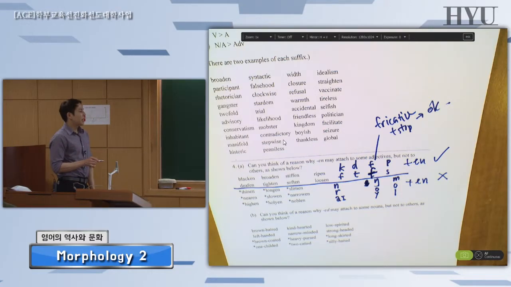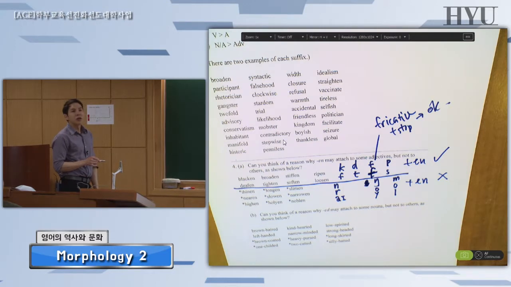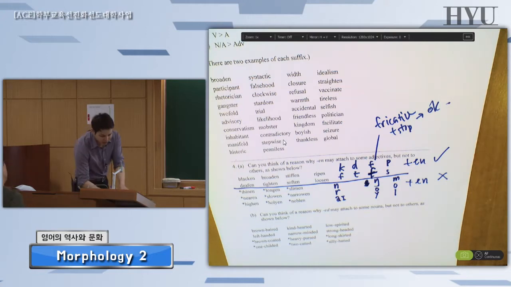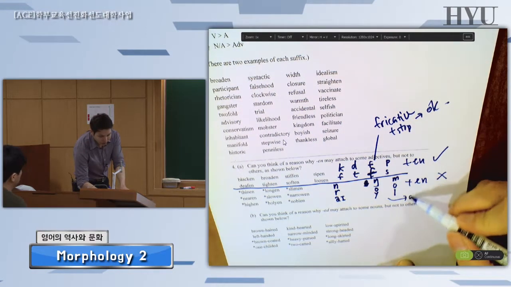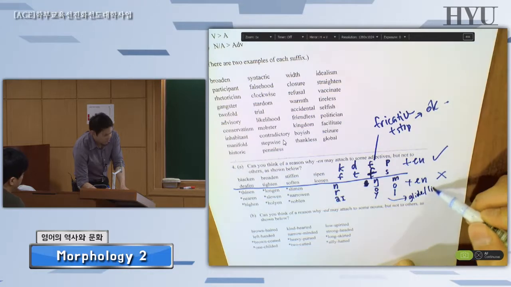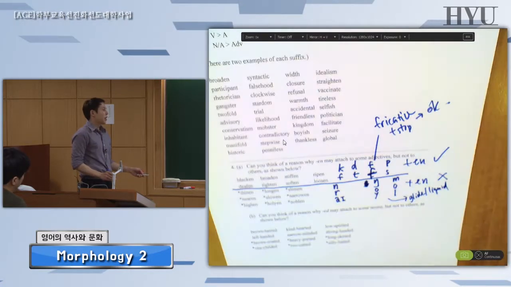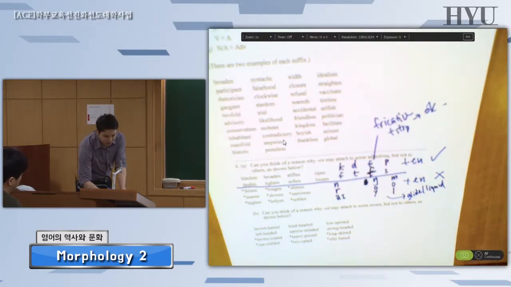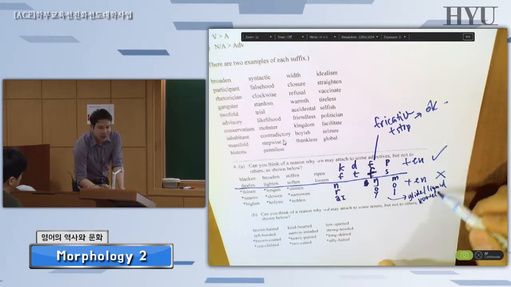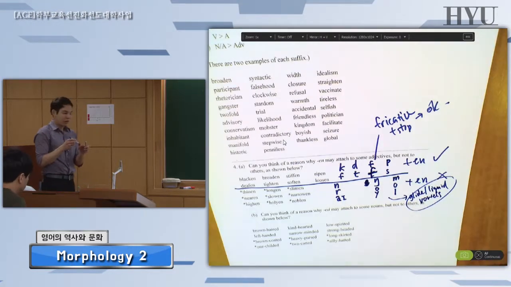And you can see that in the category below where EN is not allowed, there's no stop, there's no fricative. But they are all R, L, Y. They are glides. Remember? Glide or liquid. And there are some vowels as well. So with glide, liquid, and vowels, EN is not okay, right?